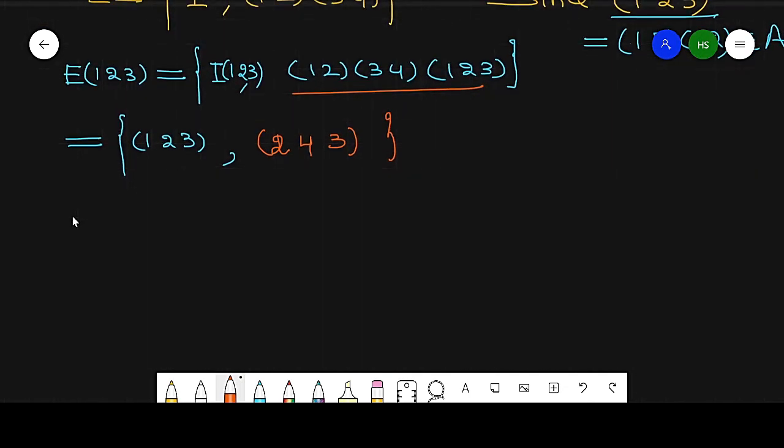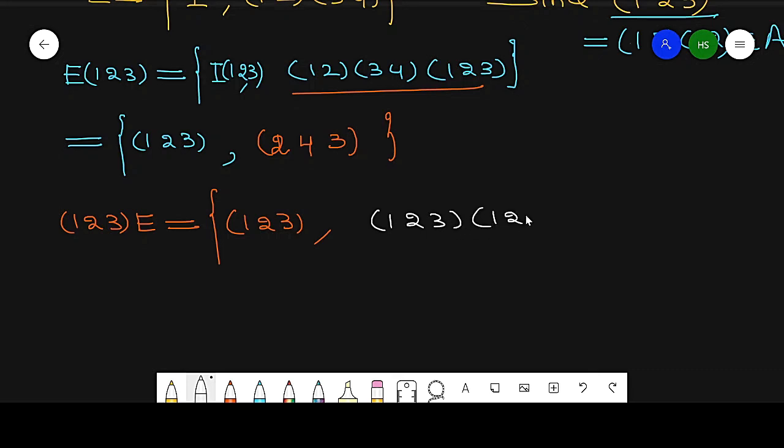Next is (1 2 3) times E. The first element will be (1 2 3) and the second element is the product (1 2 3)(1 2)(3 4).